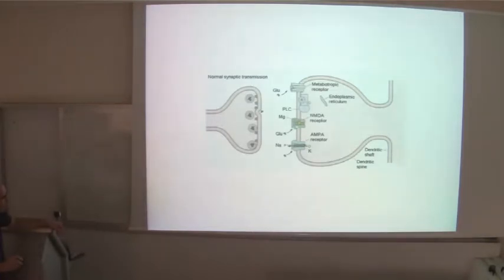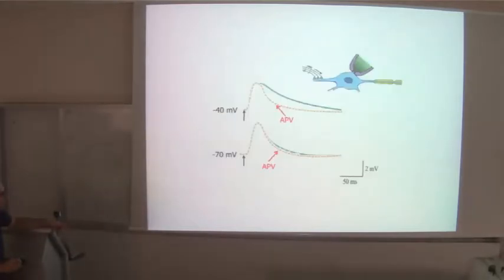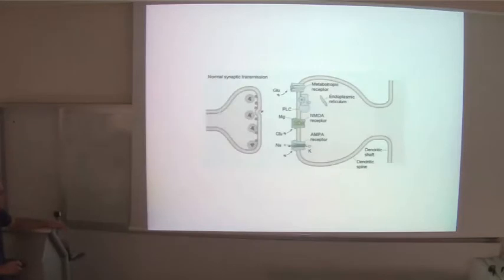Nothing goes through this channel. So everything that goes in would only go through the AMPA channel. Okay, and then if you add a blocker that blocks the NMDA channel, nothing will happen. So you add a blocker, nothing happens. The green one, and then you add the drug, and you get the yellow one, and nothing changes. It's the same thing. Okay.